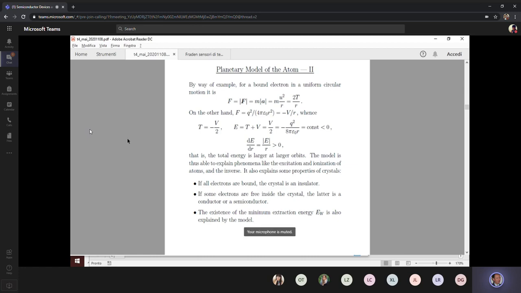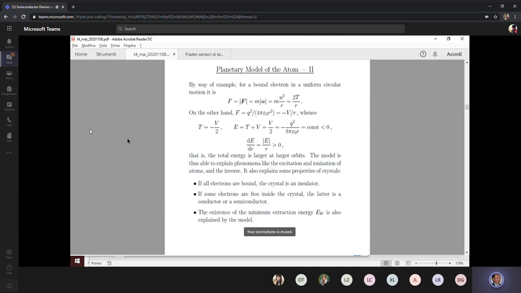So at this point, if you combine these two relations, you find that in a circular motion, the kinetic energy is equal to minus V divided by 2. And as a consequence, the total energy, T plus V, turns out to be equal to V divided by 2. And finally, we replace the expression of V so that we find minus Q squared over 8 pi epsilon 0 r.